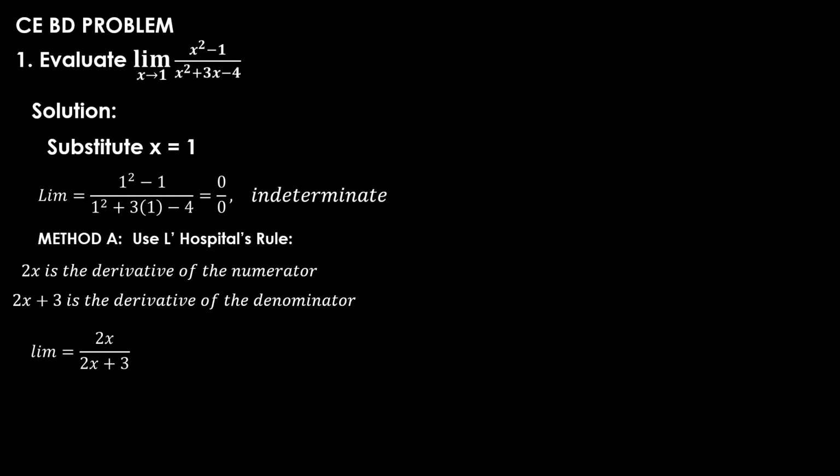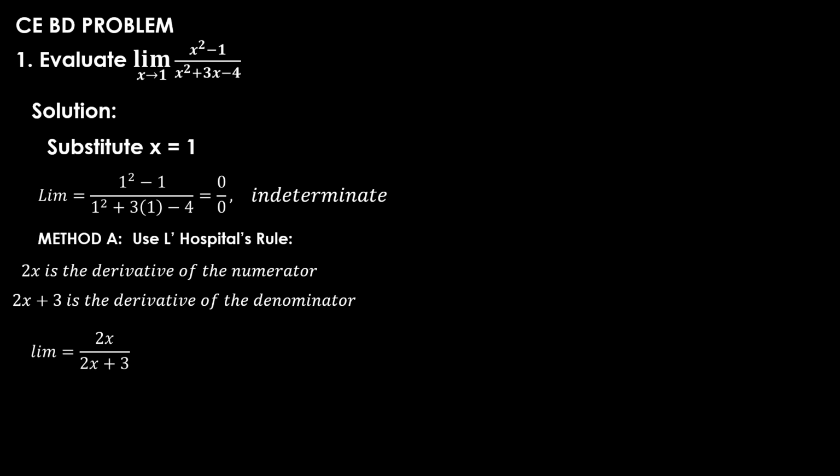After obtaining both the numerator's derivative and our denominator's derivative, our limit of a function will be like this: 2x over 2x plus 3. Then we can proceed to the substitution process for the value of x.